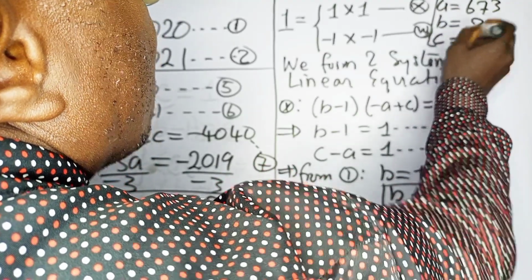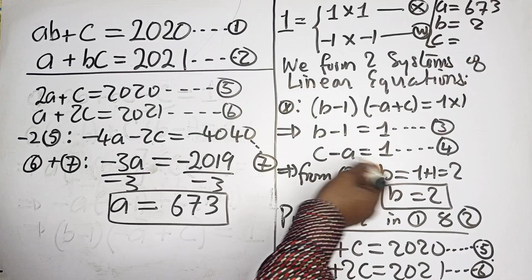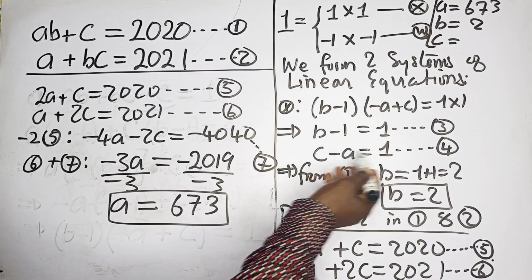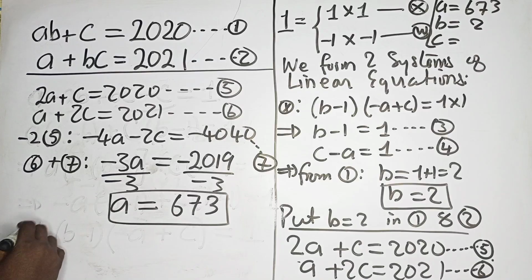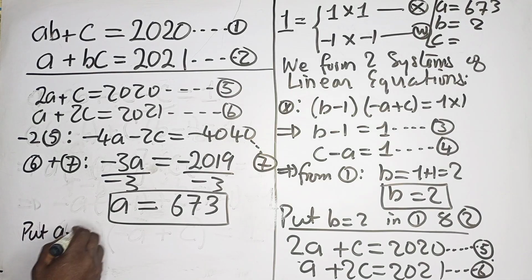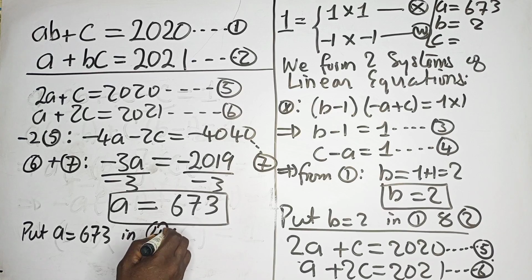We will need to get the value of c. Now that we know the values of a and b, we'll put the value of a in equation 4, c minus a, in order to get the value of c. So put a equals 673 in equation 4.